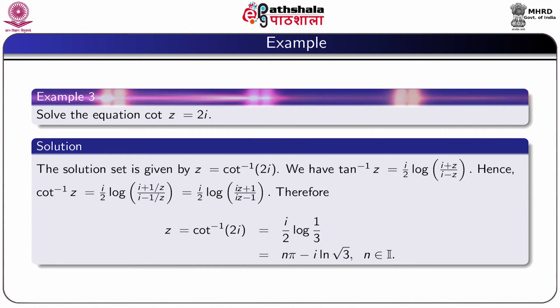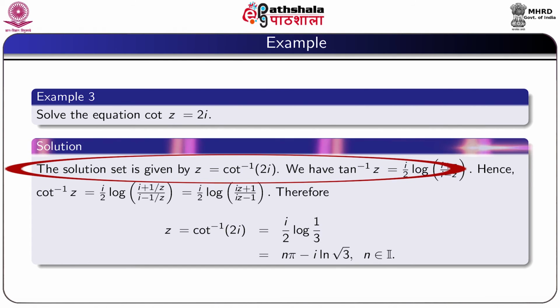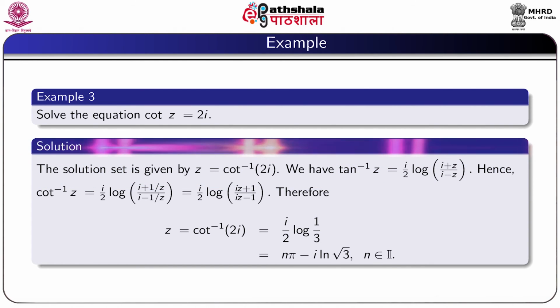Next example, solve the equation cot z = 2i. The solution set is given by z = cot inverse 2i. We know that tan inverse z = (i/2) log[(i + z)/(i − z)].